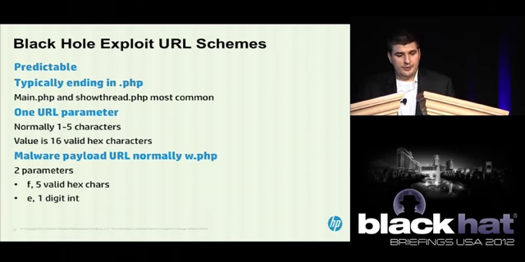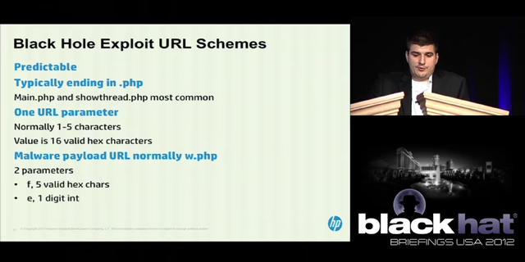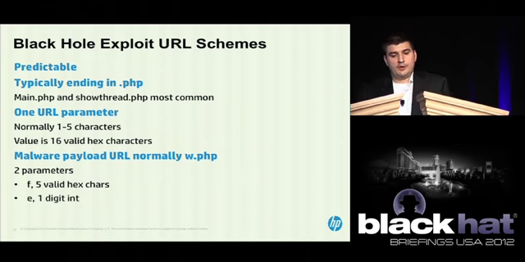And so once that's loaded, it ends up redirecting to its malware payload. A lot of times it's a one-letter PHP file. W.php is what I've observed a lot. T.php is also another common one.